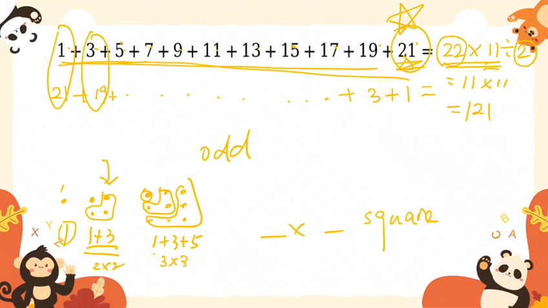This is 1, so it's 1. This is 2 terms, 1 plus 3, so 2 times 2. 1 plus 3 plus 5 is 3 terms, so 3 times 3. If you add 1, 2, 3, 4, 5, 6, 7, you plus 7, then you can form a 4 times 4 square, right? So this one will be 4 times 4.